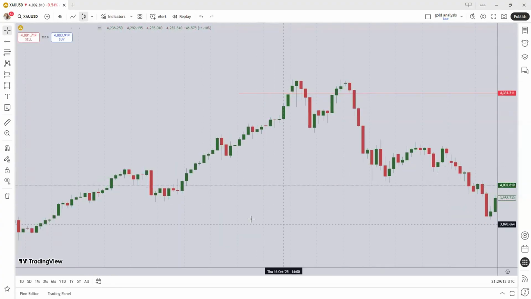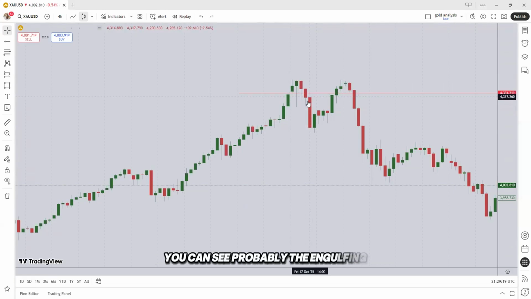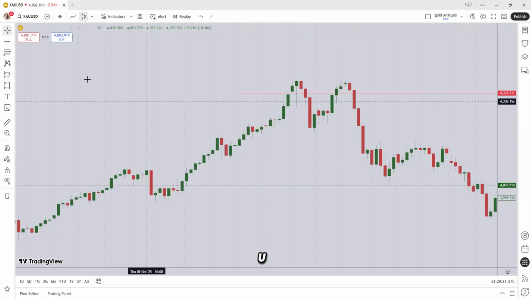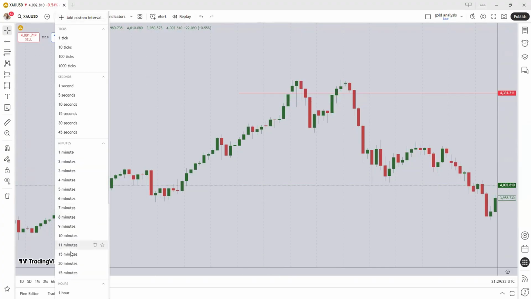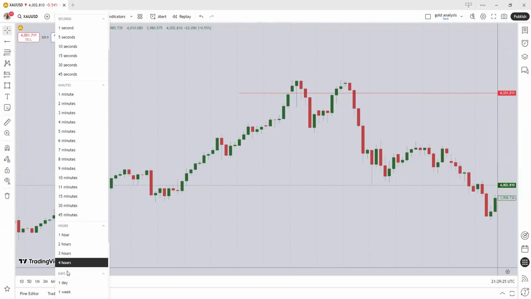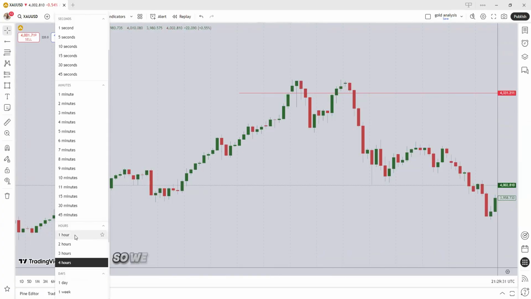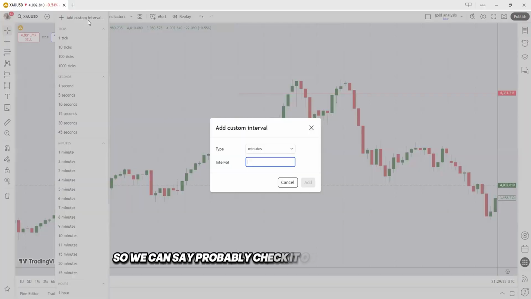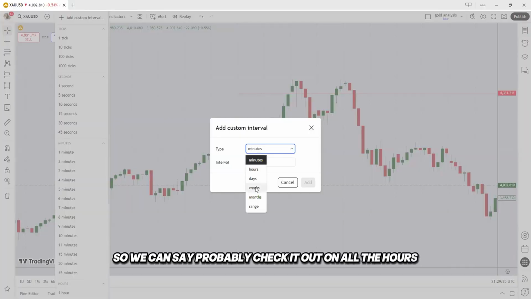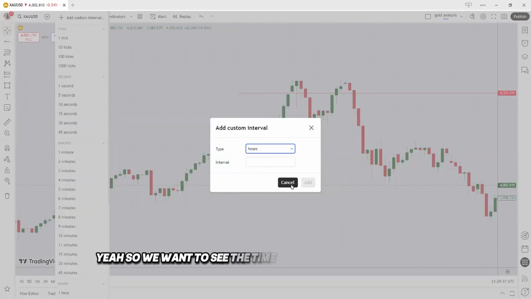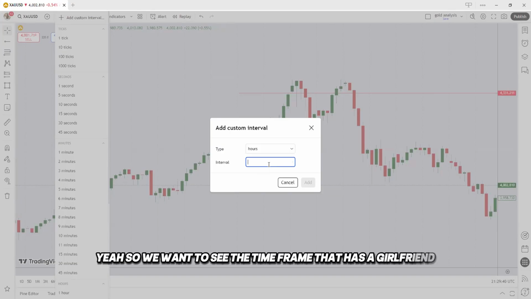This is the previous engulfing on the 4 hours. Because the engulfment happened on the 4 hours, we can check it out on other hours. We want to see the time frame that has engulfing.